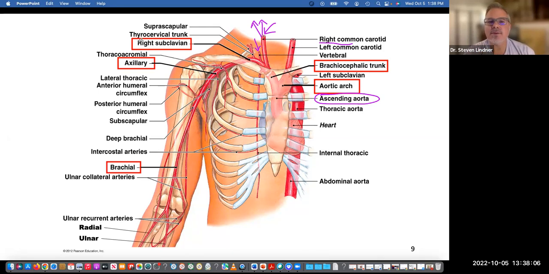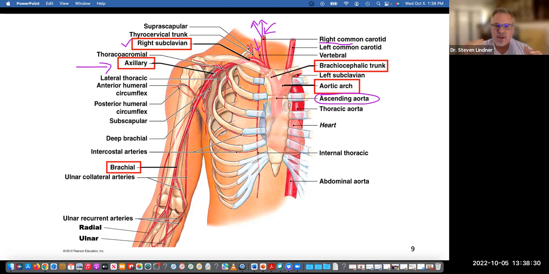Okay, off the brachiocephalic, we now have the right subclavian under the clavicle. Once you're in the armpit, it just changes name to become the axillary artery, right axillary artery. You should always name these by name, right? If it's the right side, it's the right subclavian artery.